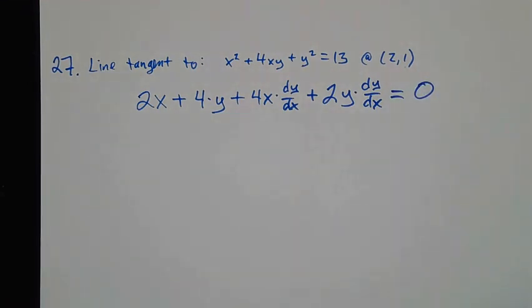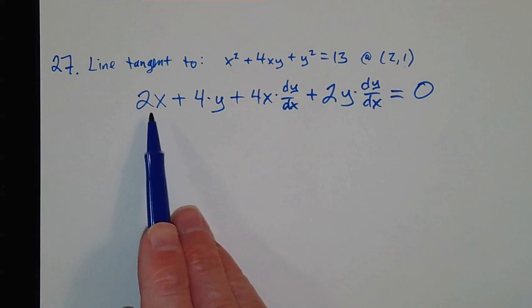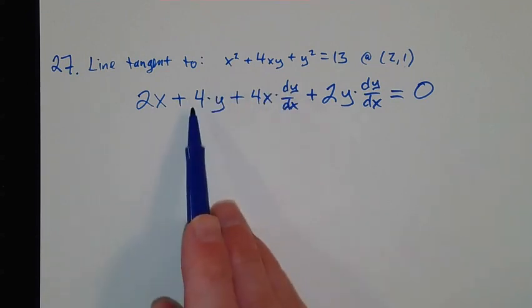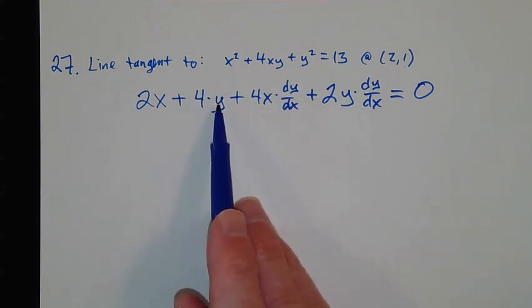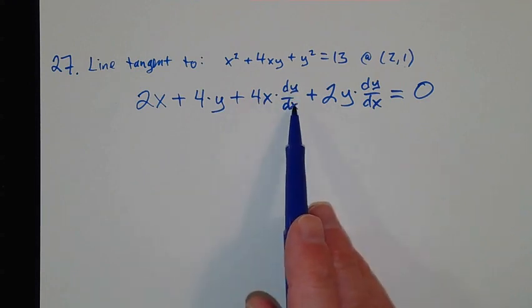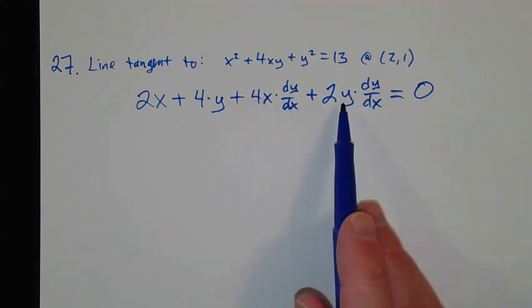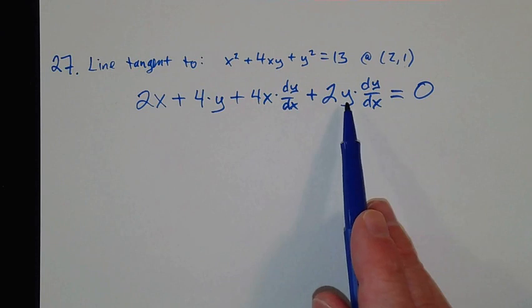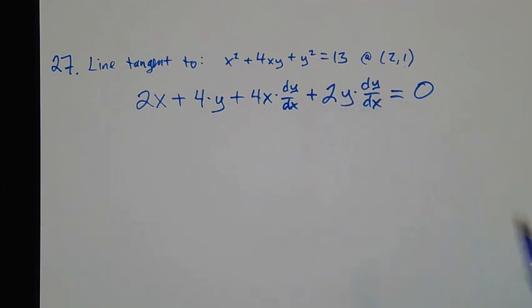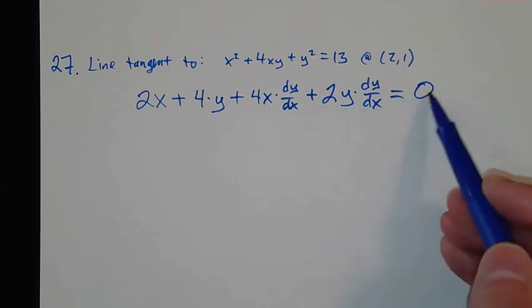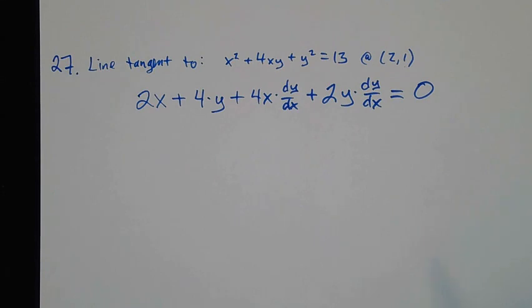And the derivative of 13 is just 0. So again, derivative of x squared, product rule for 4xy, and then the derivative of something squared is 2 times the derivative of the something. The something in this case is just y. Derivative of a constant is 0.